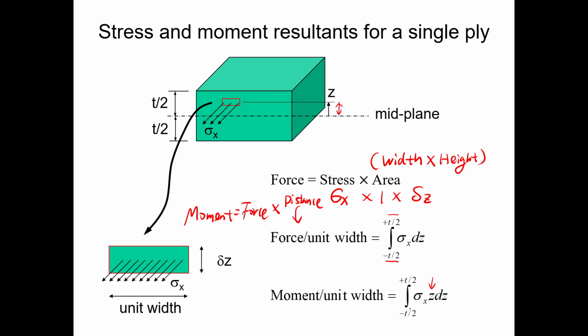And now we have both of them, force per unit width and moment per unit width, in the integration form. Essentially what you're doing is you have a differential element or small element. Now you can integrate all these small elements across the beam. Okay, that's how you do it.